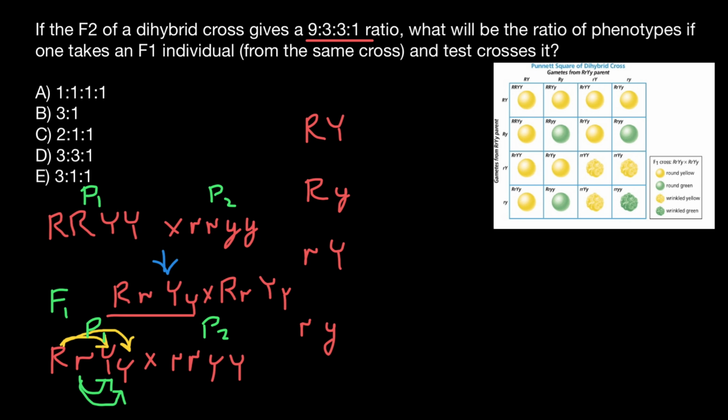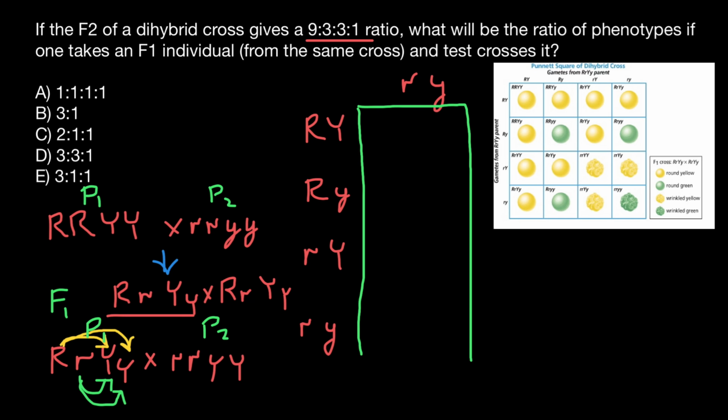So let's put it here, small r and small y. Now let's build a table, and let's find what genotypes are going to be in the F2 generation.